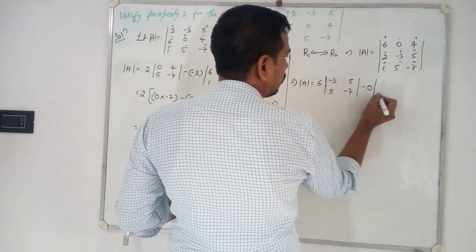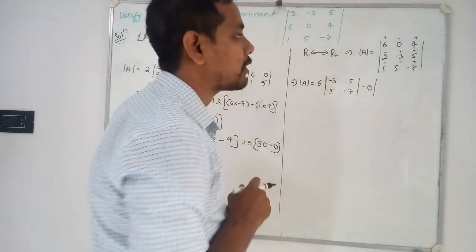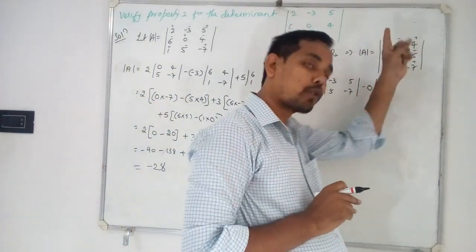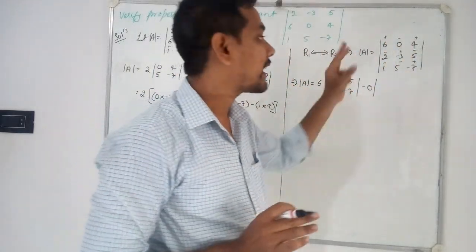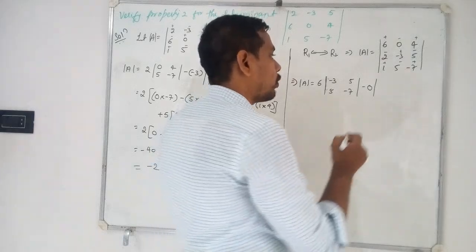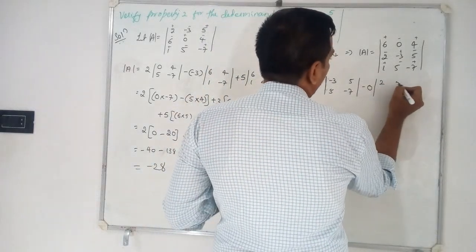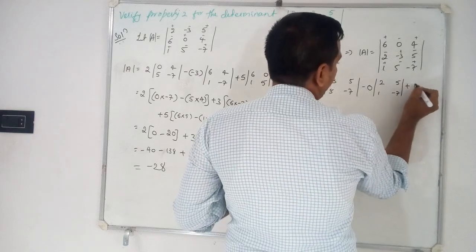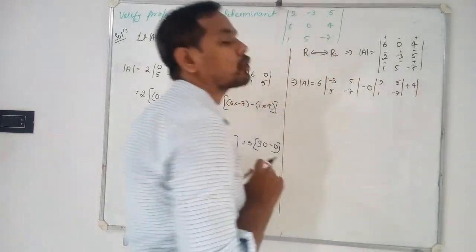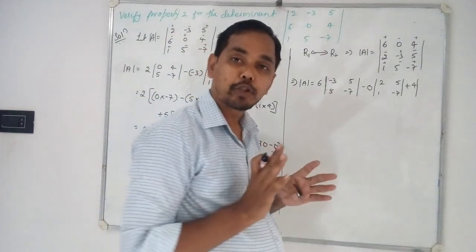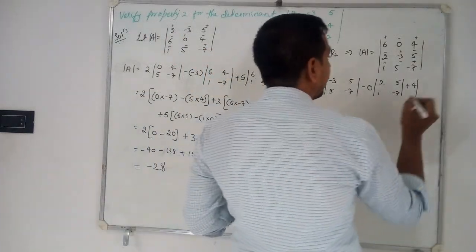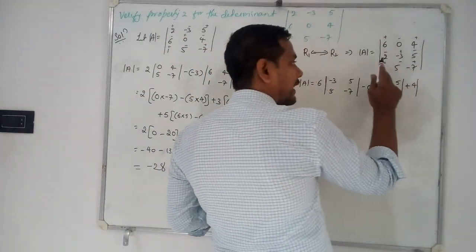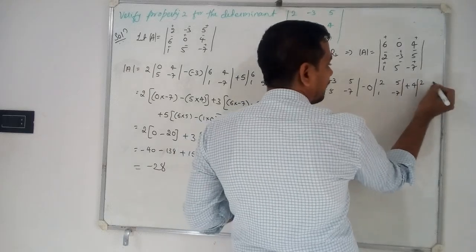Minus 0 into, see, 0 is the second element in first row and second column, so neglect first row and second column: 2, 5, 1, minus 7. Plus 4 into, 4 is in first row and third column, so neglect first row and third column. What will be left? 2, minus 3, 1 and 5.